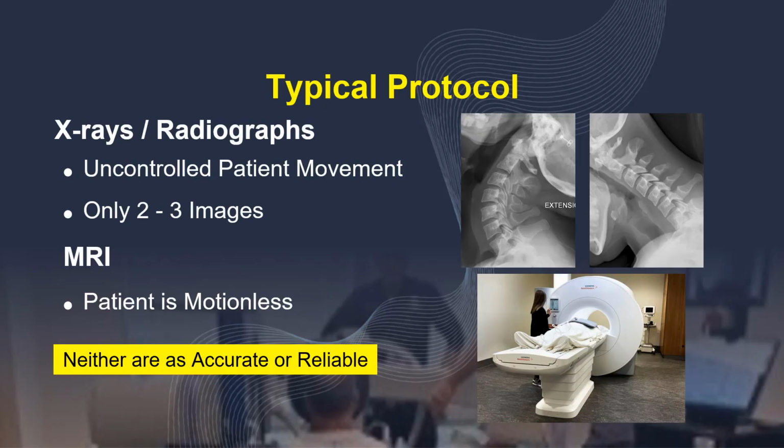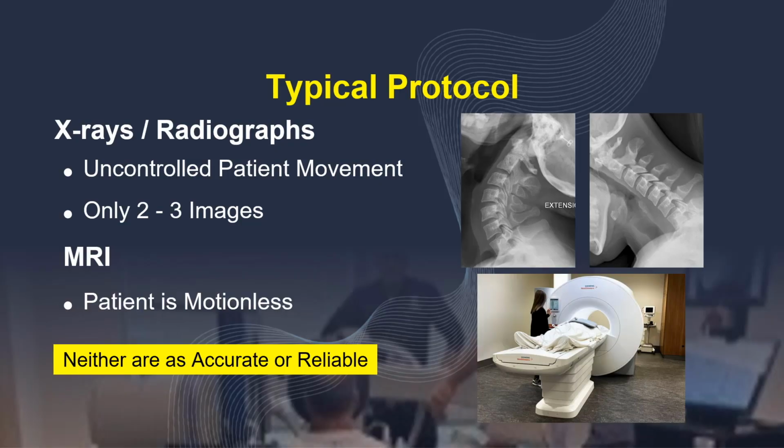Now, for most providers, the typical protocol is patient presents, and after the initial history and examination or evaluation, they may move on to x-rays or radiographs. In order to identify this particular injury, however, they need flexion and extension radiographs. Unfortunately, radiographs are uncontrolled patient movement.